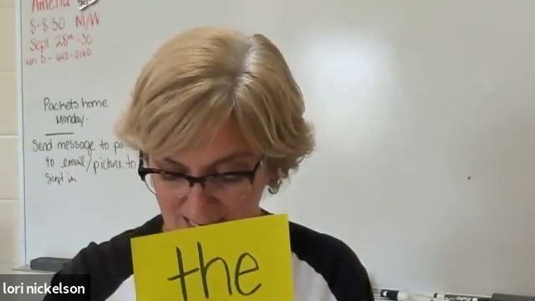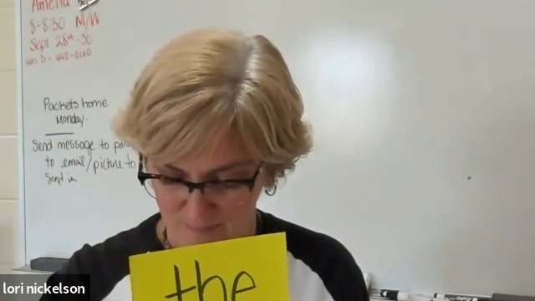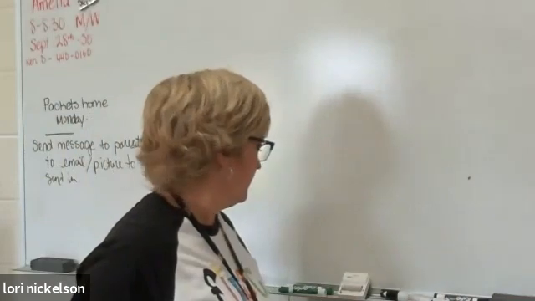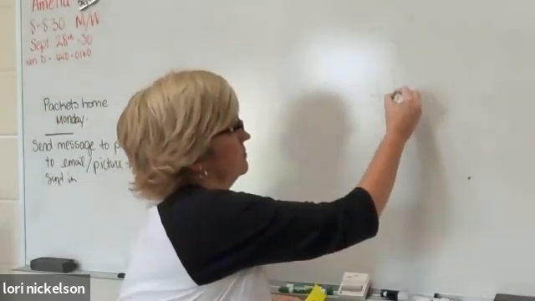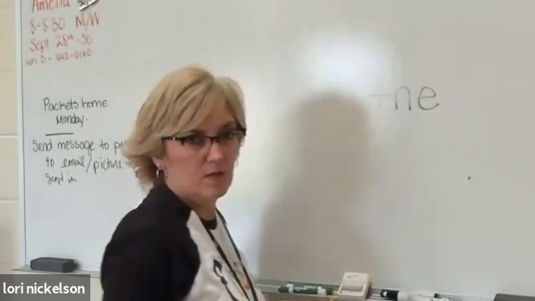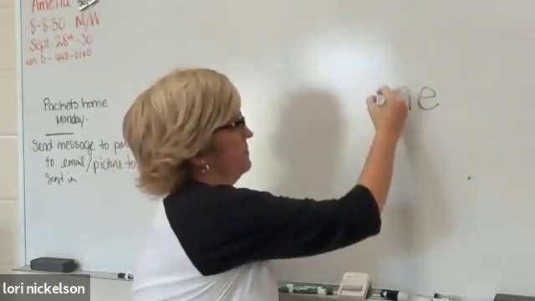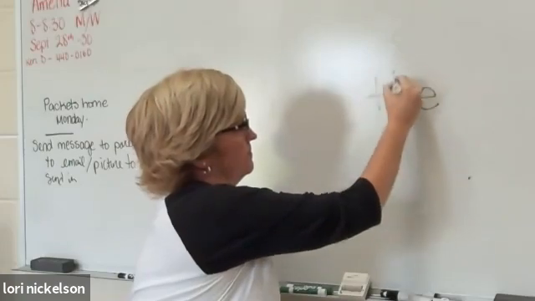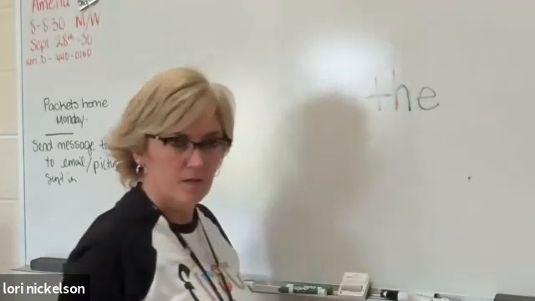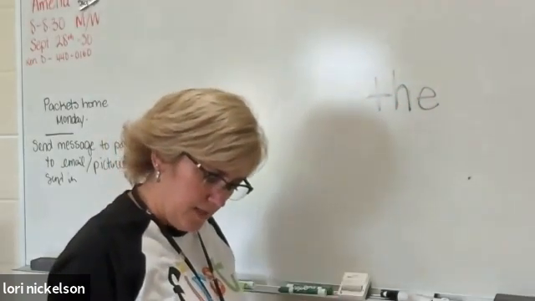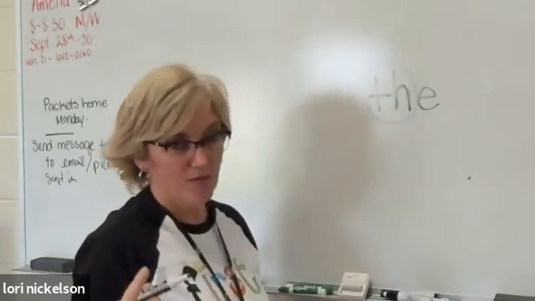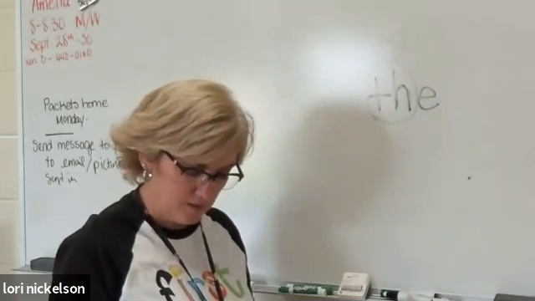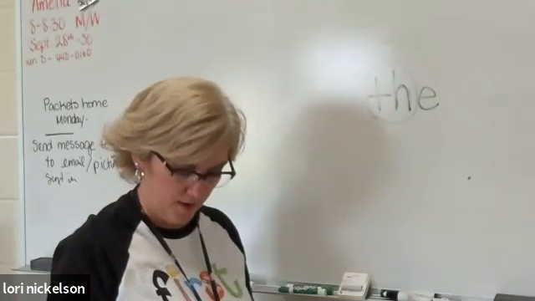This is the last slice of pizza. So I'm going to write that word on the board. Okay, the. All right. Now, I'm going to circle the TH because you hear that sound. That's what you would expect when you hear the word the.